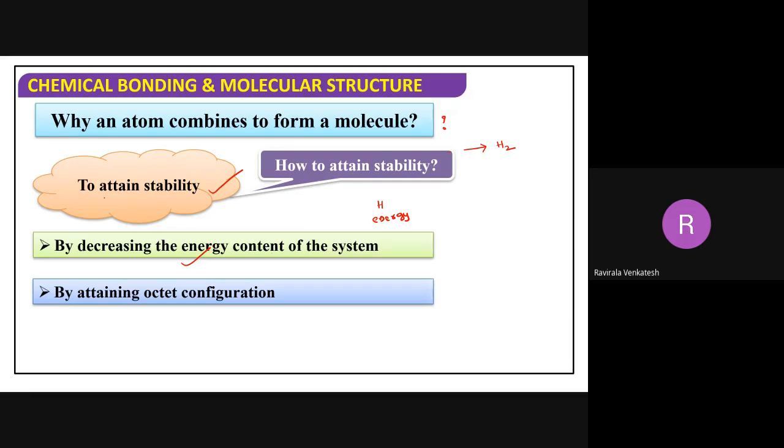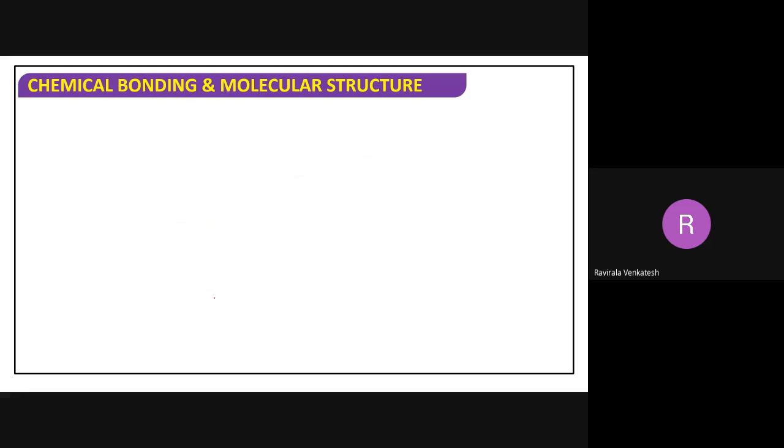So the first thing is decreasing the energy and attaining the octet configuration. They get 8 electrons in their outermost shell. Getting 8 electrons in the outermost shell is called octet configuration.